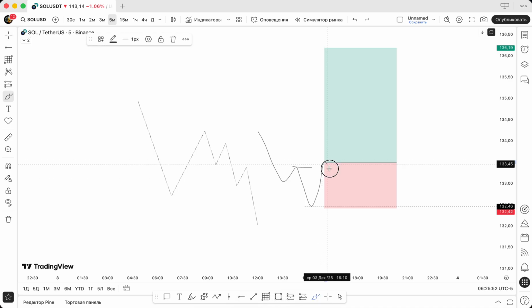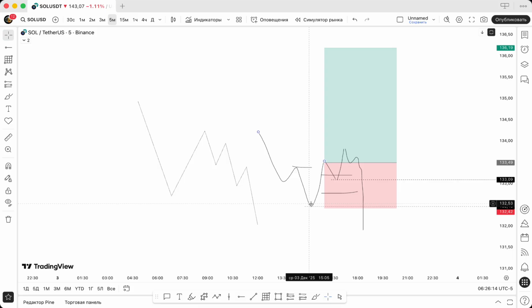Then there is probably some kind of imbalance test, an SMT reaction, because the price reacts and involves people. People must believe in this movement, that it will go up, that the price starts some kind of reversal, and after that the price begins to cut everything, just removing the liquidity that is accumulated here.